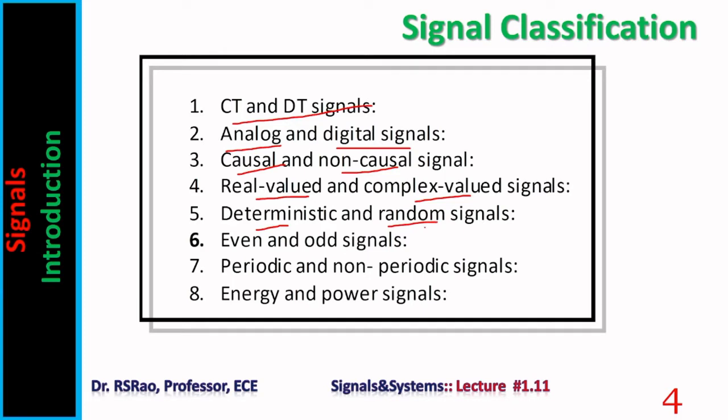If it can be specified only probabilistically, then it is random. Even and odd, this is another classification. Periodic and non-periodic. If repetition is there, then it is periodic. If repetition is not there, then it is non-periodic. Another classification is energy and power signals. If the energy of the signal is finite, then it is an energy signal. If the power is finite, then it is a power signal.